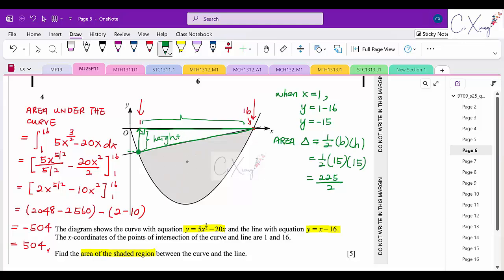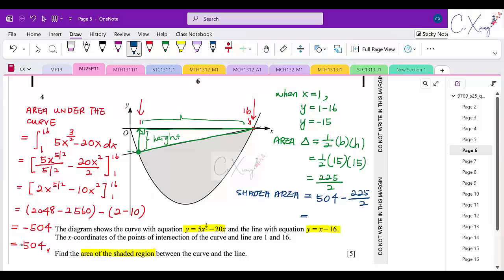To get the shaded region, what we need to do? Shaded area. The shaded area is, you are taking the area under the curve, which is 504, minus the area of the triangle, 225 over 2.